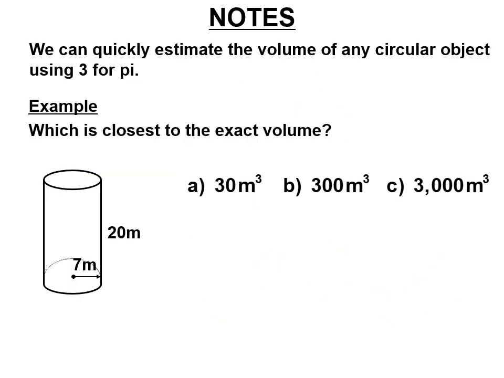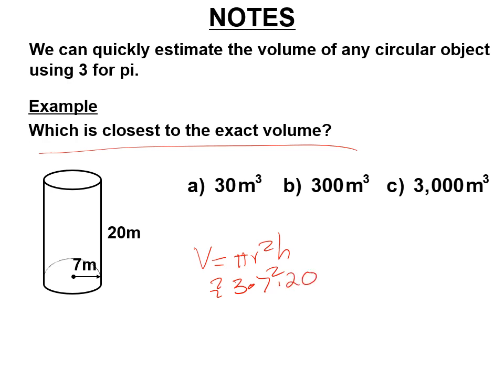We can quickly estimate the volume for any circular object using 3 for pi, which is closest to the exact answers, right? So anytime I have that, I'm trying to get you to estimate. So it's exactly pi r squared h. It's approximately 3 times the radius, which is 7 squared, times 20. So it's approximately 3 times 49 times 20. Well, 49 is around 50, right?